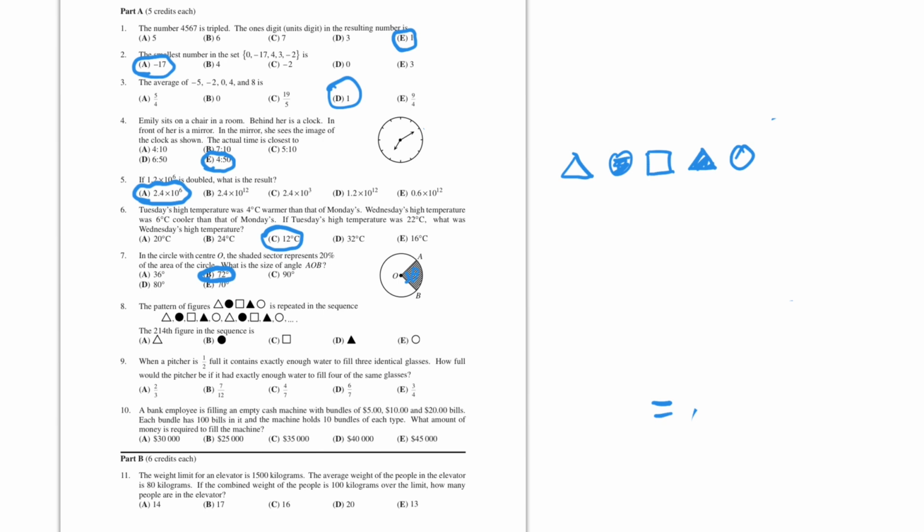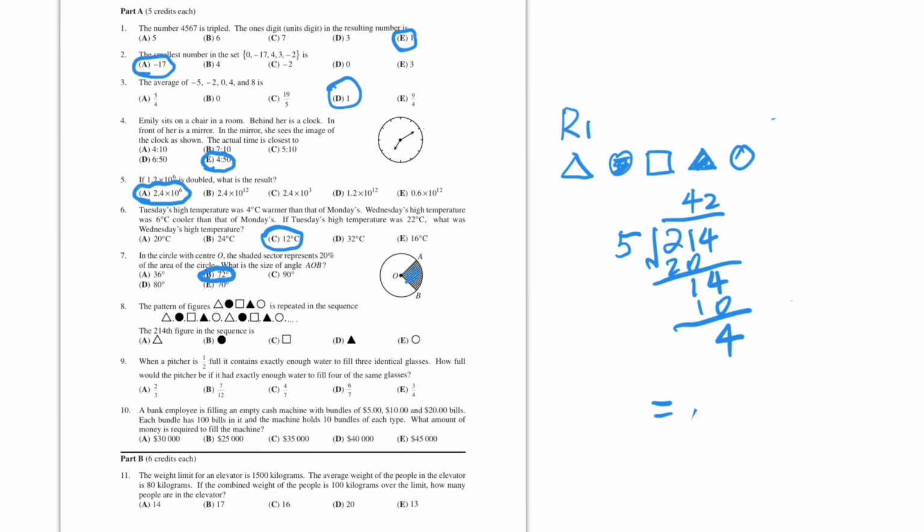They ask the 214th figure. We just use 214 divided by 5 because every 5 is repeating. So that's 42 with remainder 4. So remainder 4, because every 5 figures is repeating.